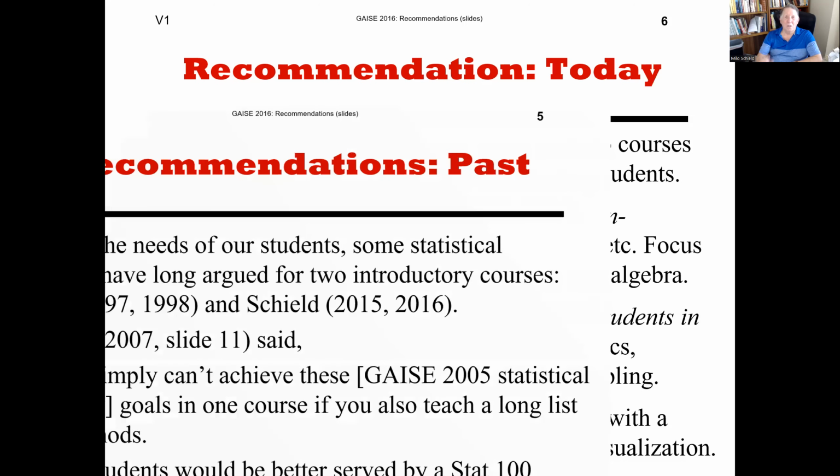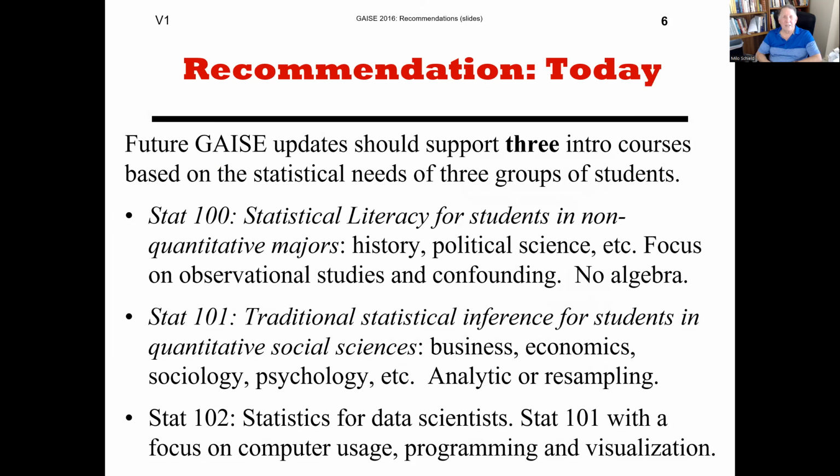And now, with what's going on today, I'm arguing future GAISE updates should support three intro courses based on the needs of three groups of students. We need to focus on the needs, not on what we want to present, what we think is the true and the beautiful and the righteous.